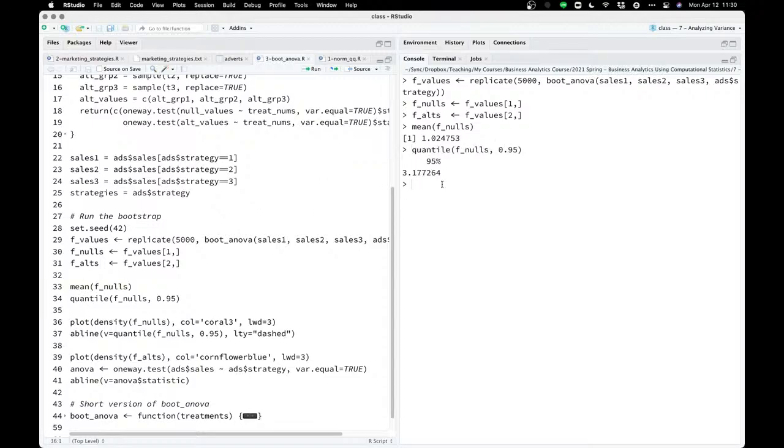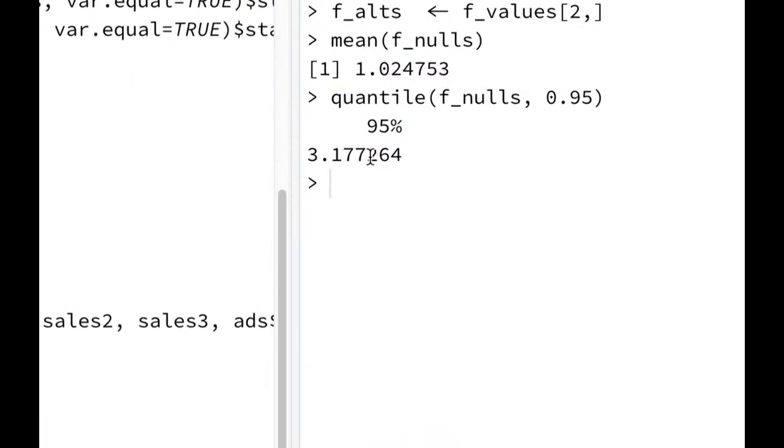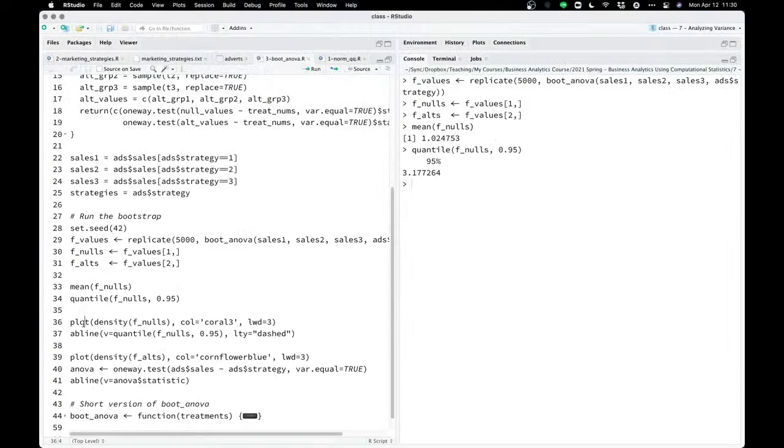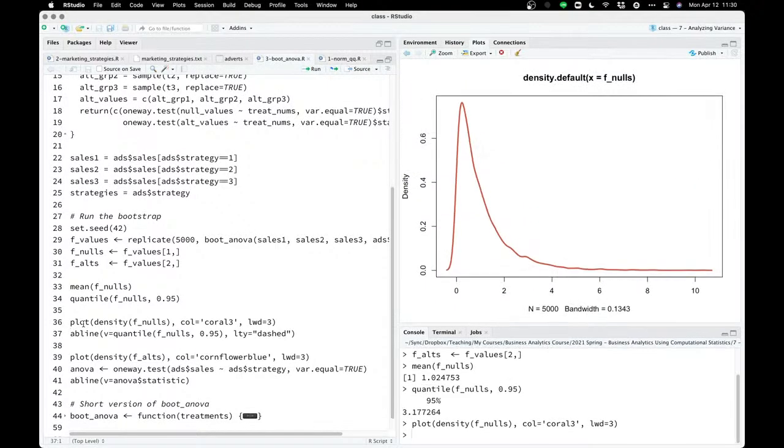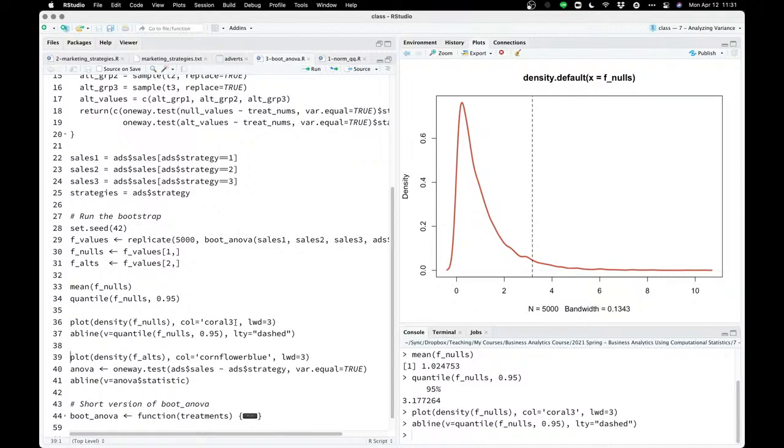This is my cutoff. It's about 3.17. I can plot the null values of F. That's an F distribution. The cutoff is about there. The 95% cutoff is there.